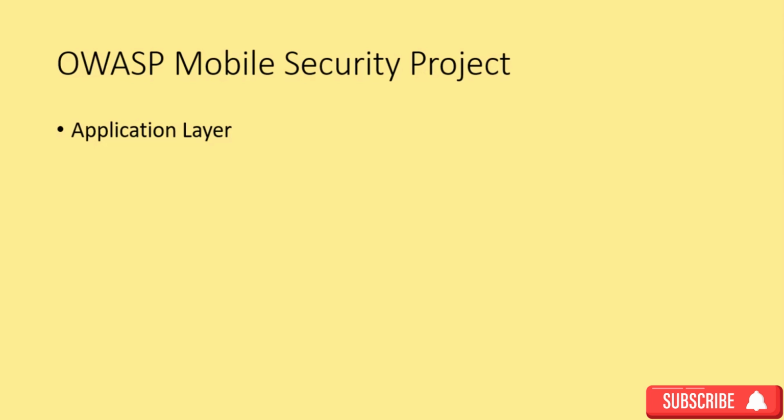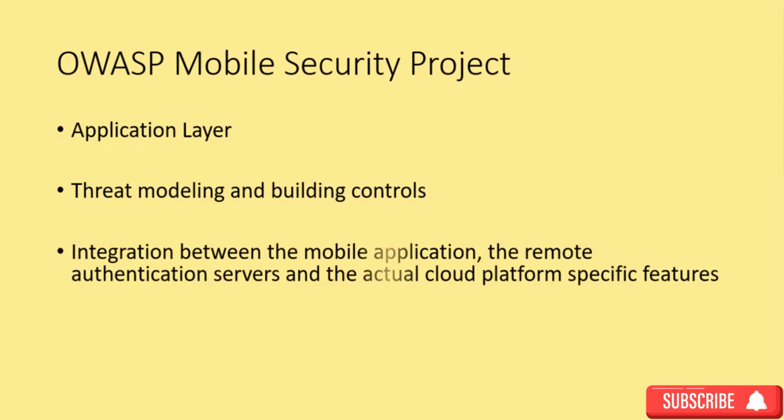Now their primary focus is at the application layer. They also take into consideration the underlying mobile platform, so the actual hardware itself and also even the service provider risk whenever they are doing that threat modeling and building controls, right? Now they also cover not only the mobile applications deployed in the end user devices but also the broader server side infrastructure, which the mobile applications will communicate to.